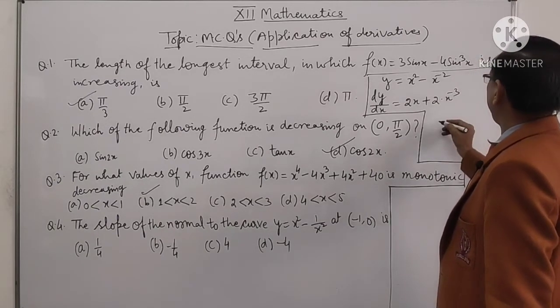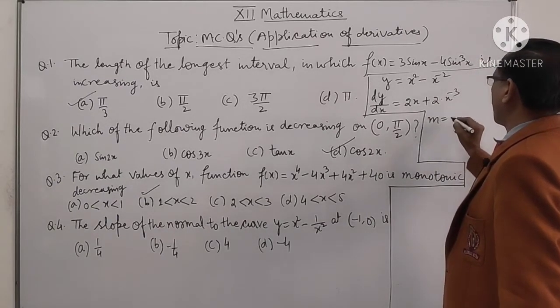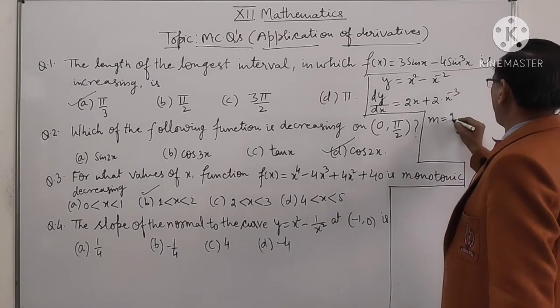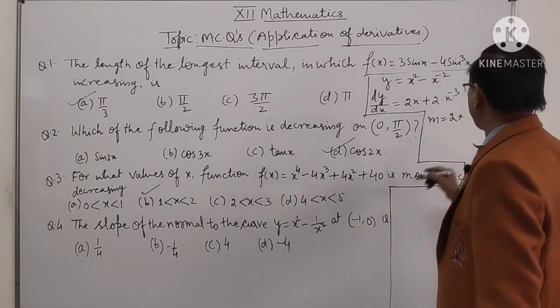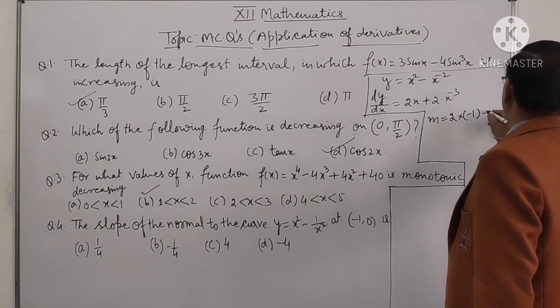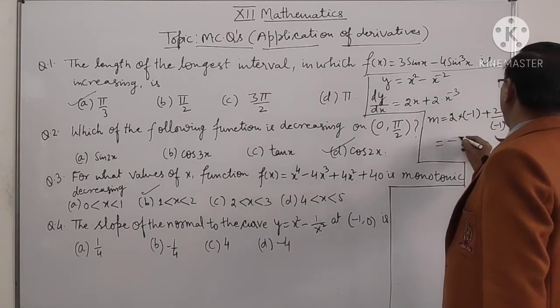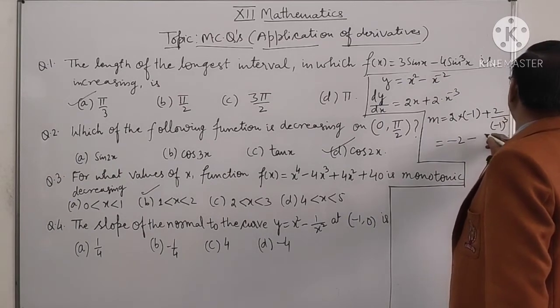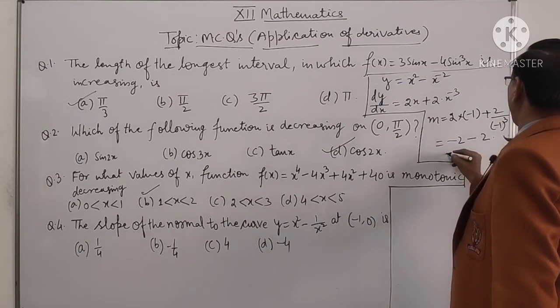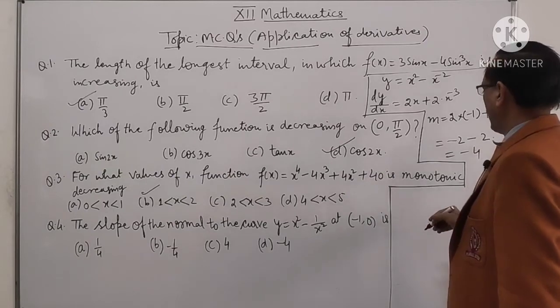Now m, the slope of the tangent, is 2 into (-1) plus 2 upon (-1)³, then it is -2 - 2, or -4.